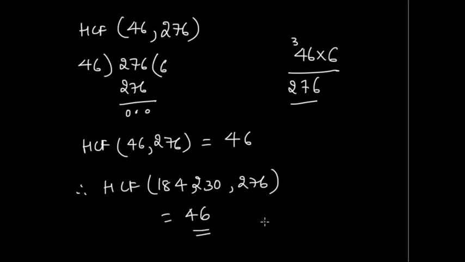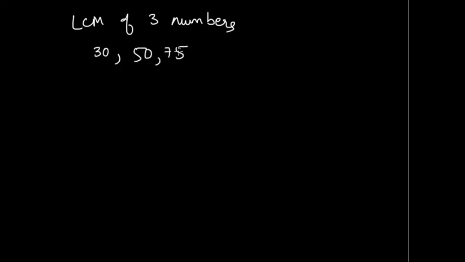Now let's see LCM of three numbers using upside down division. So let's take an example, LCM of three numbers. Let's say we want to find out 30, 50 and 75.